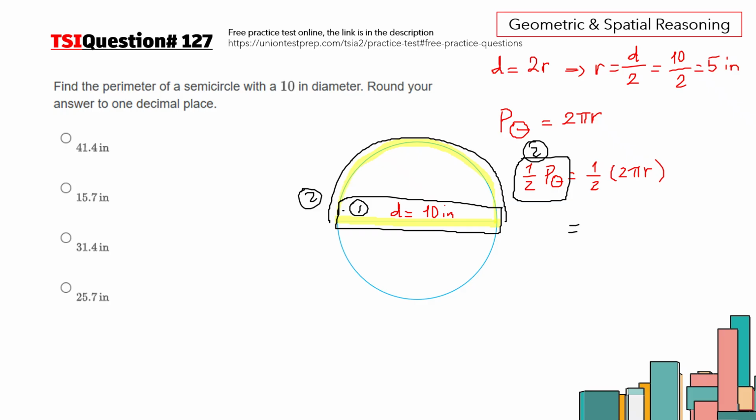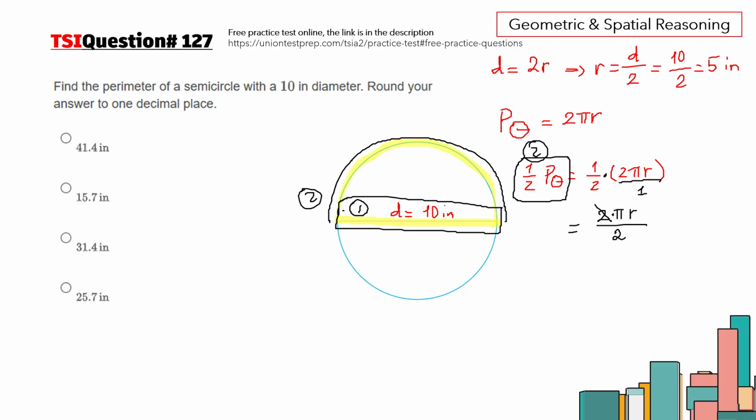Now we calculate. We have 1/2 times 2 pi r. Let me erase this and rewrite it: 1 times 2 pi r over 2 times 1. So 1 times 2 pi r is 2 pi r, divided by 2 times 1 is 2.